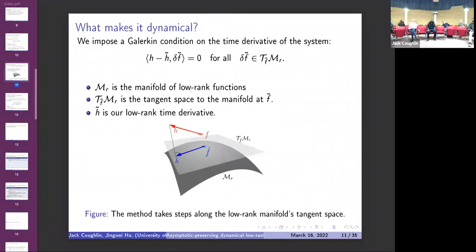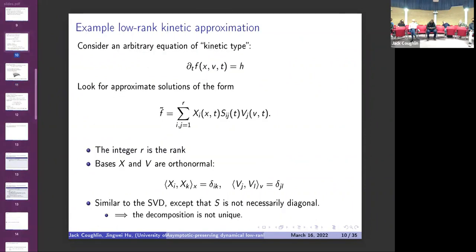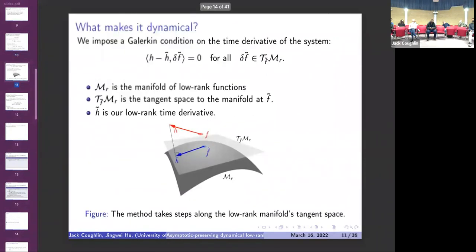That's your initial basis. But what we're really doing is taking the projection onto this tangent space, and the tangent space isn't the span of one of the bases or the other. It's the tangent space to this manifold of functions which can be written this way. I haven't included the derivations, but the Galerkin condition is supposed to apply for all functions in the tangent space.